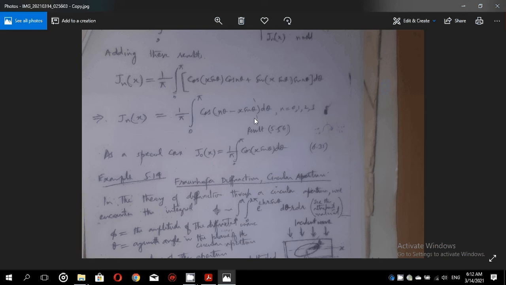And as a special case, if you put n is equal to 0, we will get J naught x is equal to 1 over pi integral from 0 to pi of cos of x sine theta d theta.